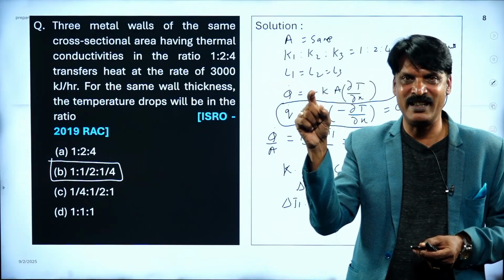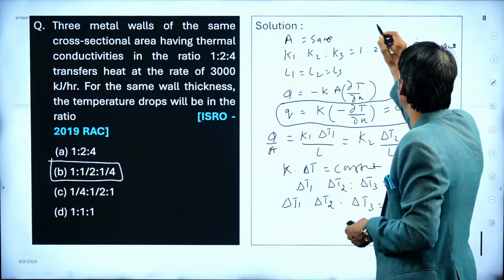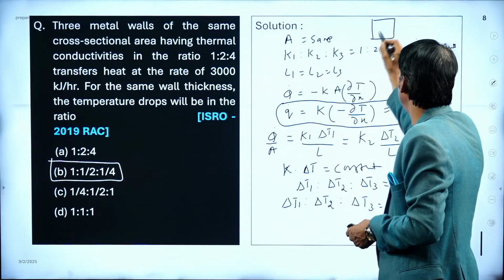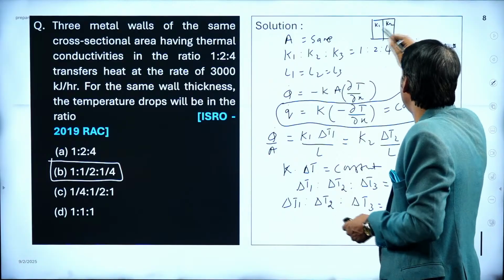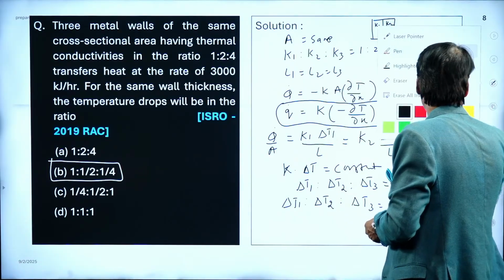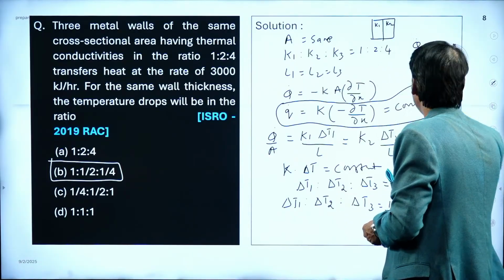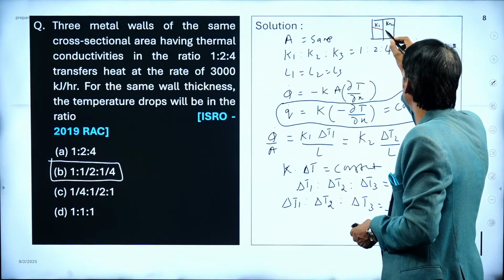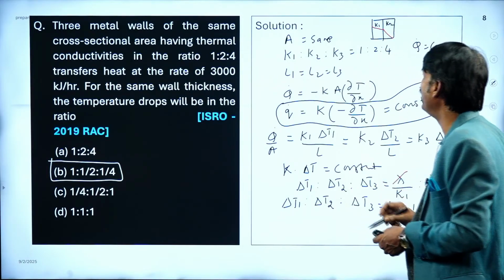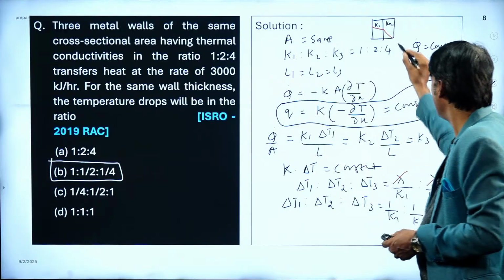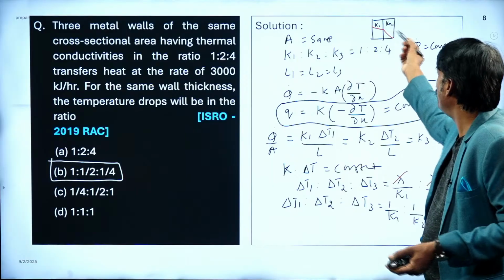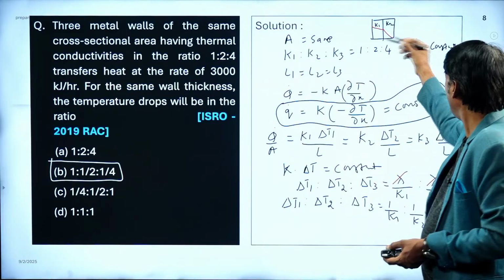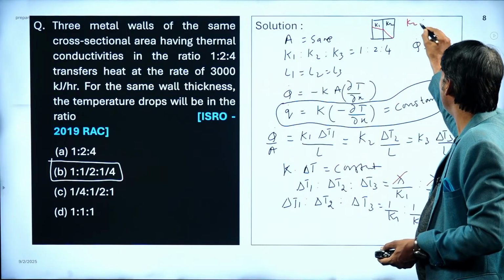Say, out of these two, this is K1, K2, and their temperature profiles are something like this, with all the given conditions. Then you can tell about K1 and K2: K2 is an insulator, K2 is less than K1.